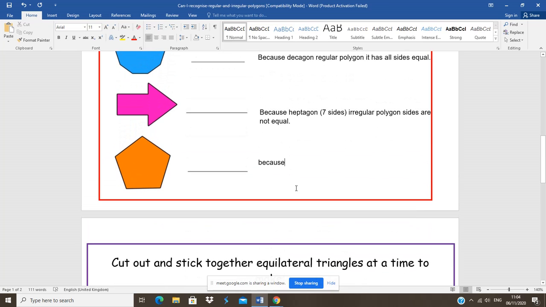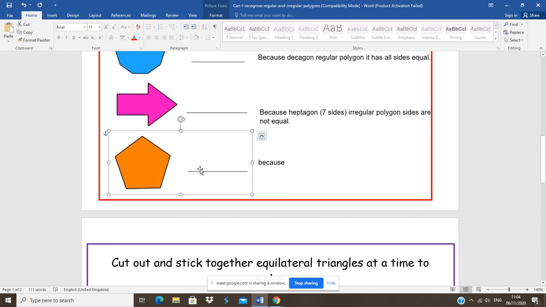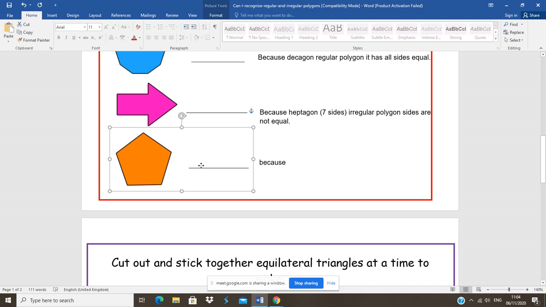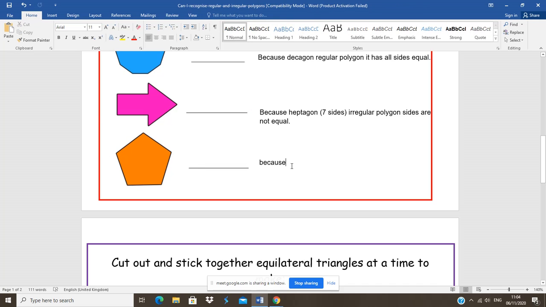All right. So the last one, what kind of figure do we have here? A pentagon. Exactly. How many sides does this have? 5 sides.